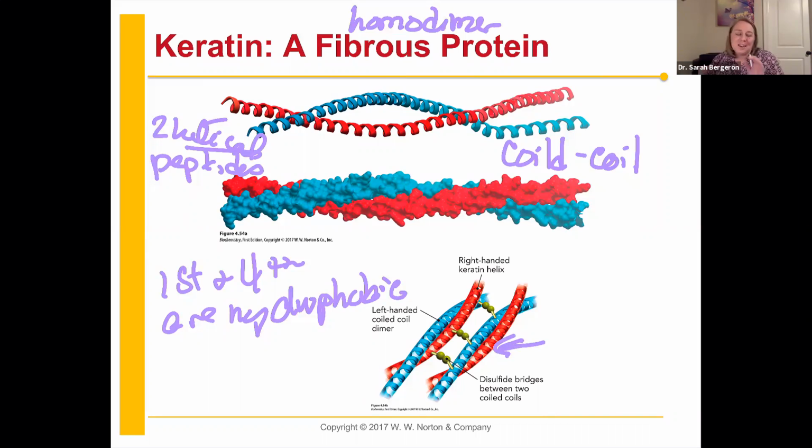You can chemically treat hair, right, which has lots of keratin in it, with reducing agents. So a perm will break the disulfide bonds, and then you chemically treat it, and you allow those disulfide bonds to then reform, but while the hair is curly, and so then you can get a perm, right? All right, so that's keratin.